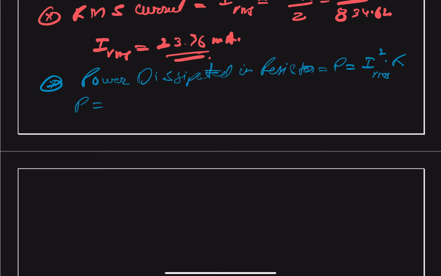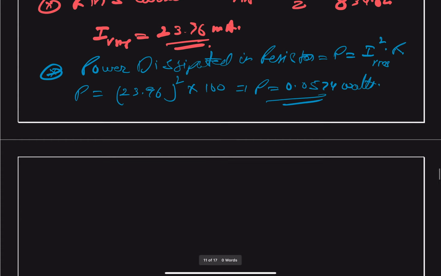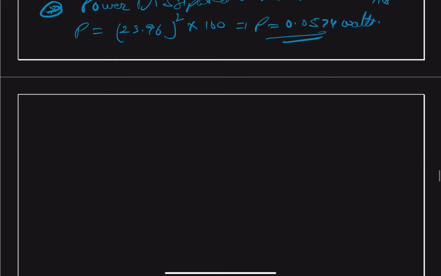We get P equal to 23.96 whole square multiplied by R, that is given as 100. So we get our P approximately equal to 0.0574 watts. This is the average power dissipated in the resistance. And we are interested in the time which raises the temperature by 10 degrees centigrade.